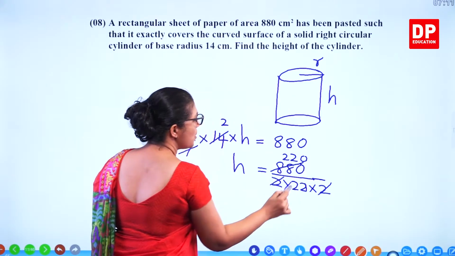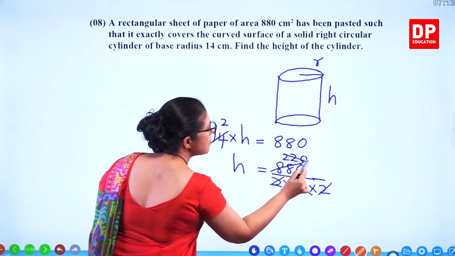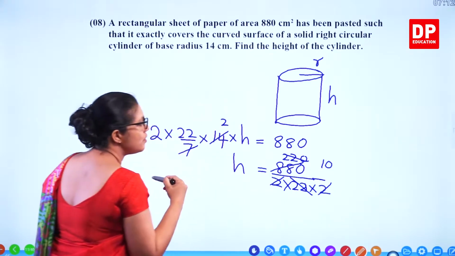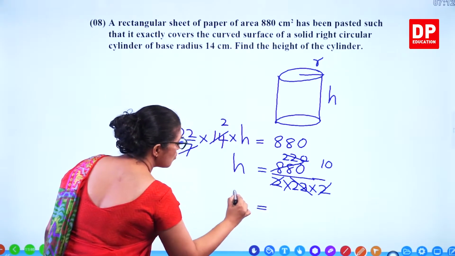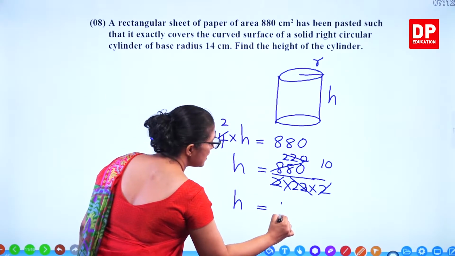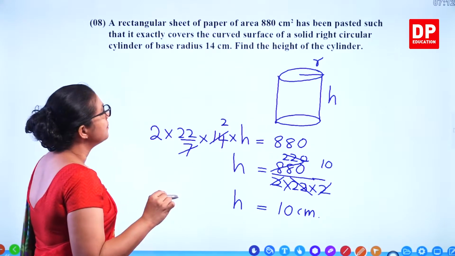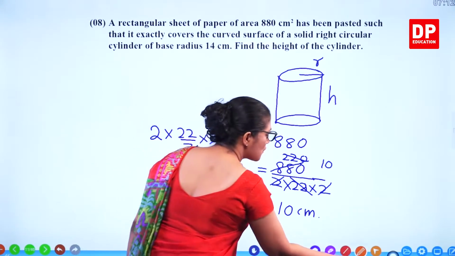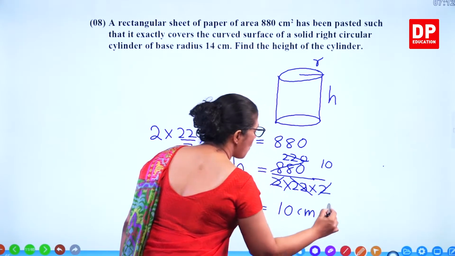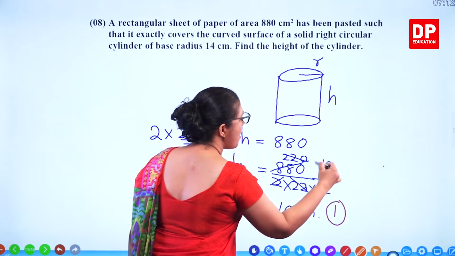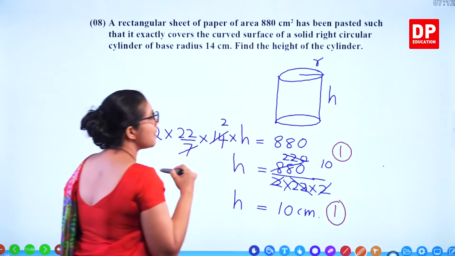So 220, 22 and this cancel out and you get 10. So height becomes 10 centimeters. 2 marks for this: 1 mark here and 1 mark for this step.